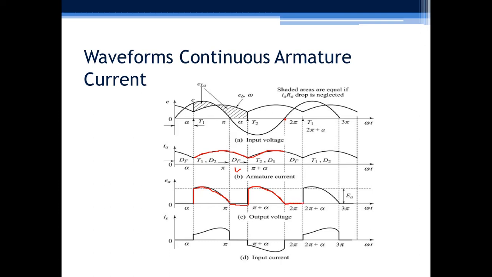So voltage across it is 0 and power is flowing in the load itself. So load voltage will be 0. If we observe two parameters, the average output voltage EA will be positive here, and if we assume load is highly inductive load, the nature of this current is continuous.